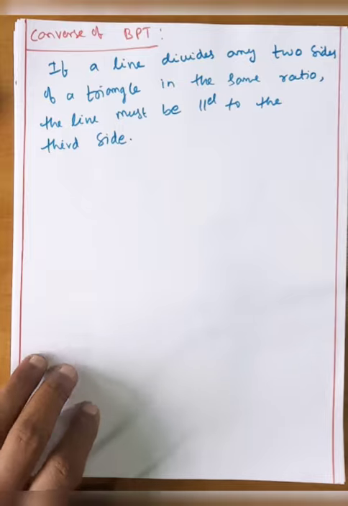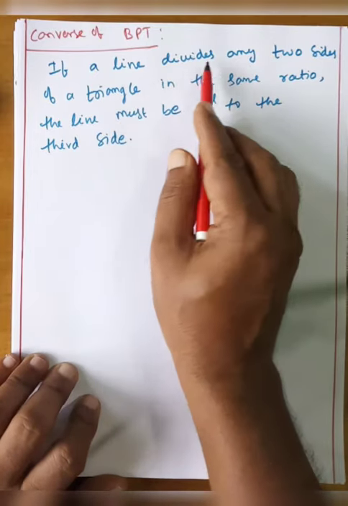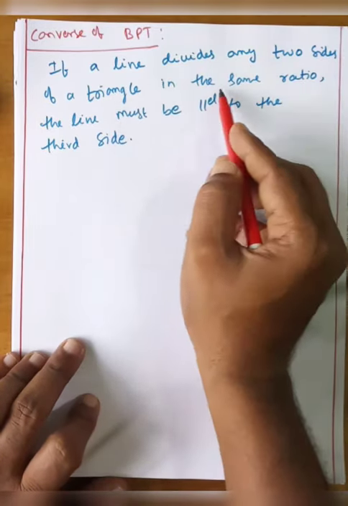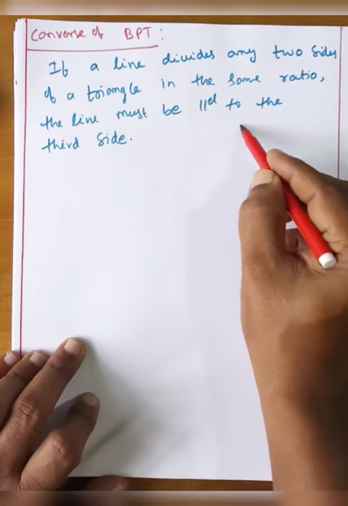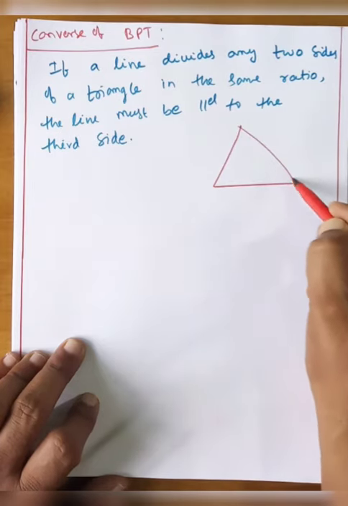But here what happened? If a line divides any two sides of a triangle in the same ratio, here observe, you take ABC as a triangle.